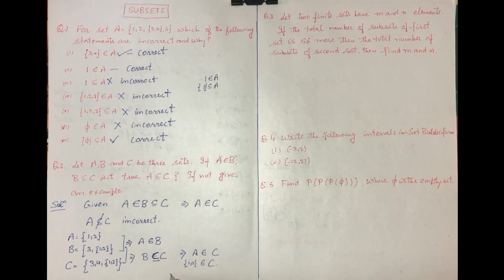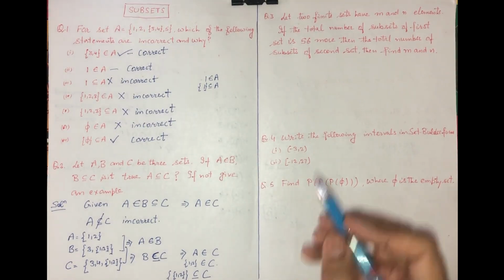This is subset. For subset, it has to be written like this. So here it is written A contained in C. So this is not, and this is the example.